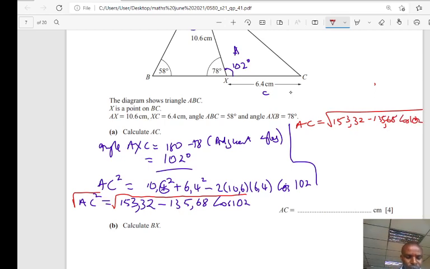Put your square root. Then it's 153.32 minus 135.68 cos 102. Make sure your calculator is in degrees mode here, DRG.